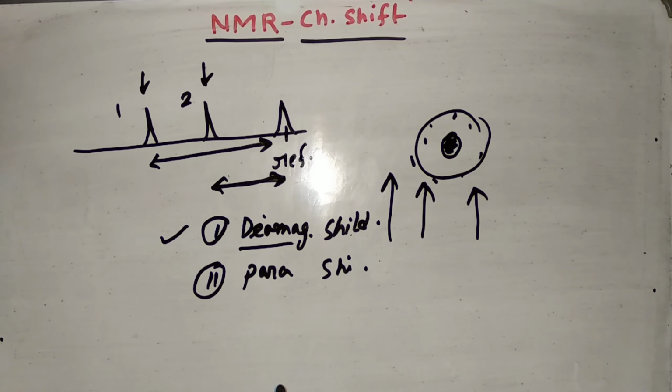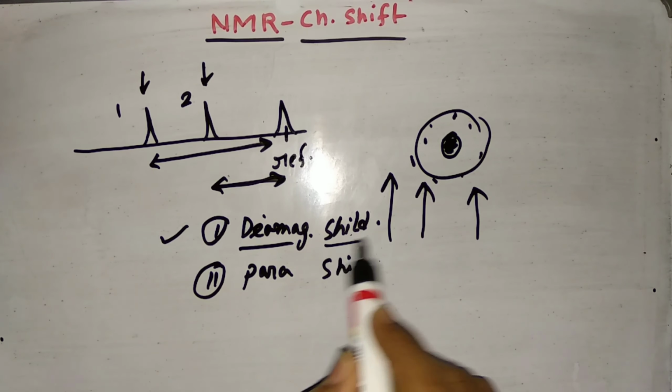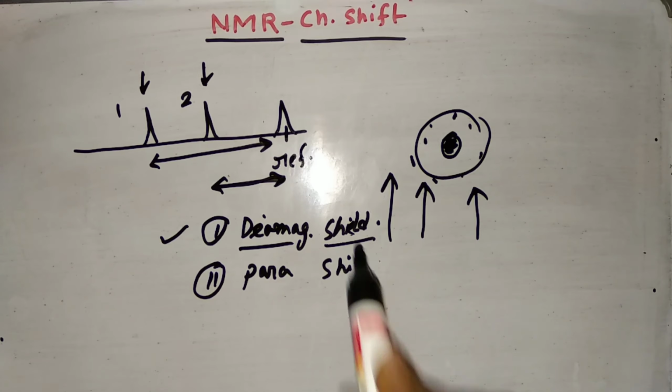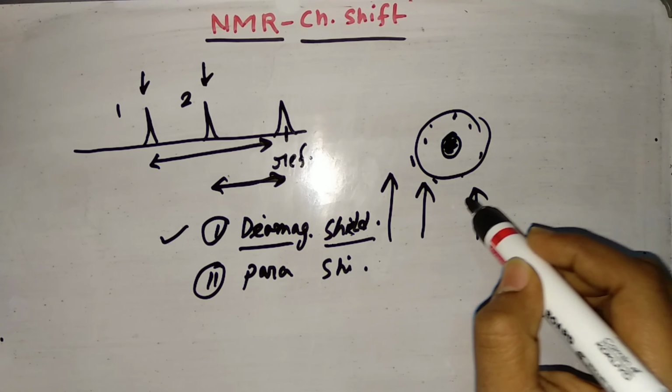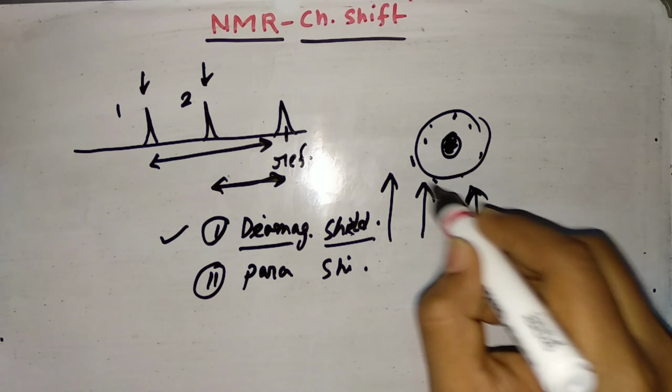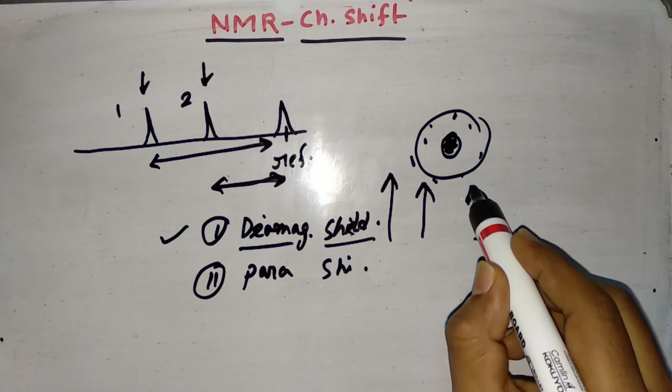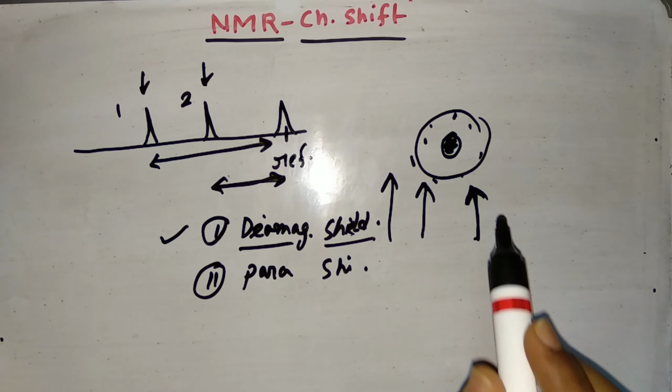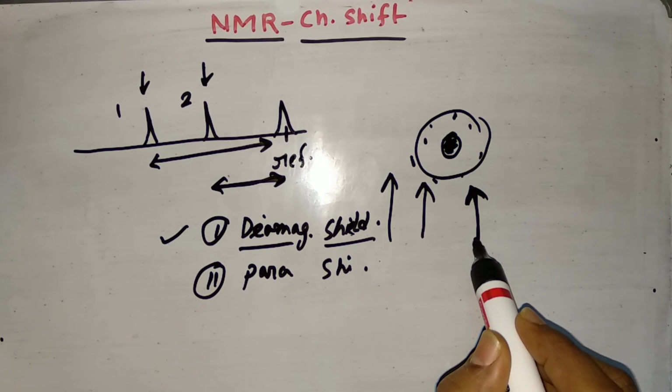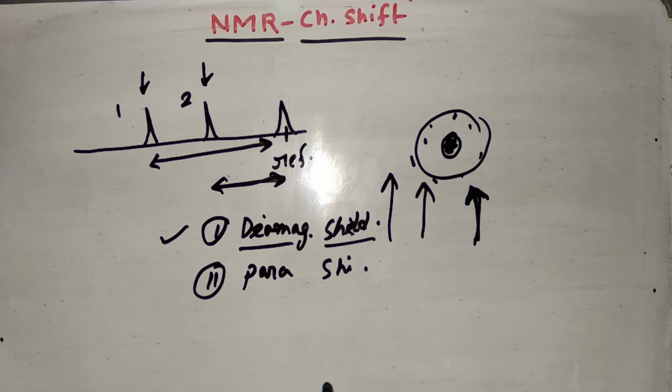Why the term diamagnetic? And what is shield? Shield means the electrons are shielding the nucleus from resonating when we apply the externally applied magnetic field.